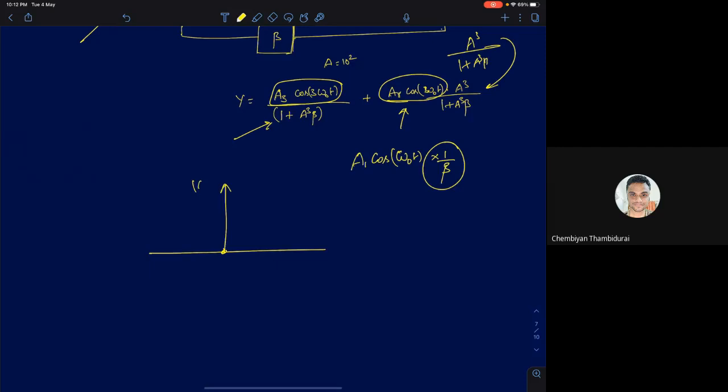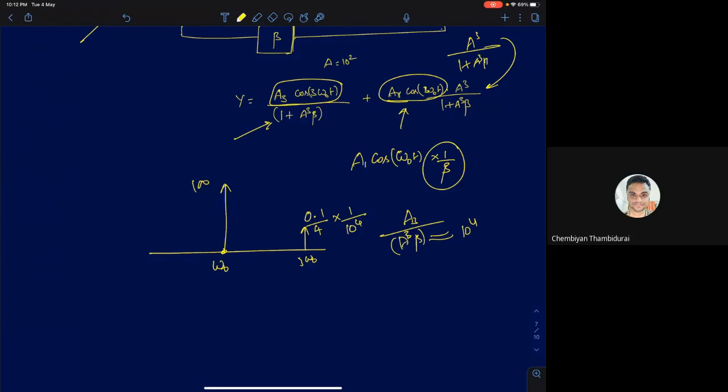But what happened to the 3 omega naught? It is now A3 divided by A cube beta. What is the value of A cube beta for the example we assumed? Beta is 1 by 100, so it's 10 power 4. So previously this was A3, but now it is getting reduced by a factor of 10 power 4.